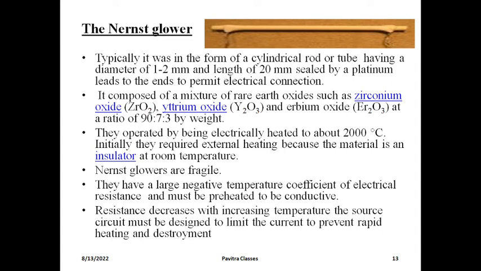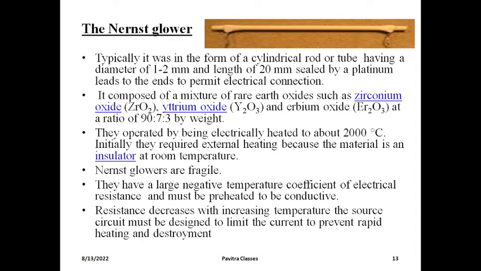Initially they required external heating. So why is it not used now? Because preheating is required for this product. It should reach around 2000 degrees Celsius. Initially they required external heating because the material is an insulator at room temperature.